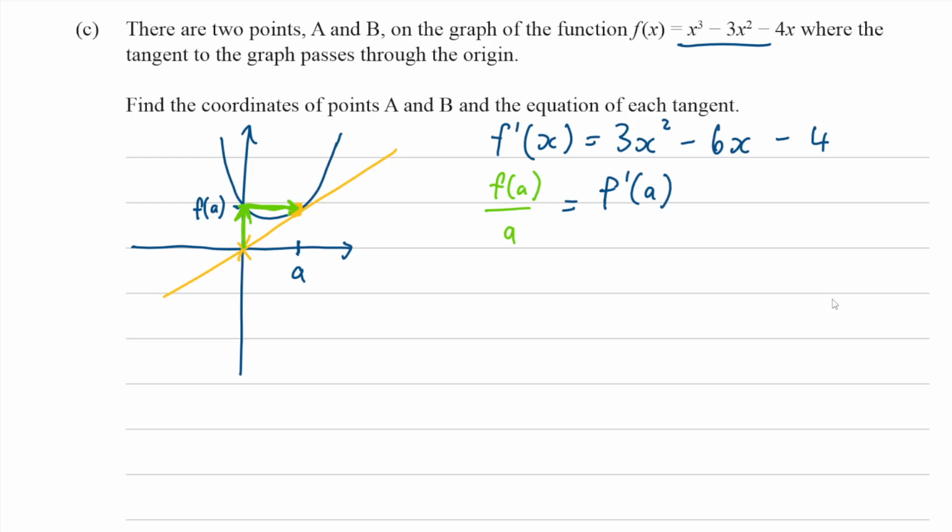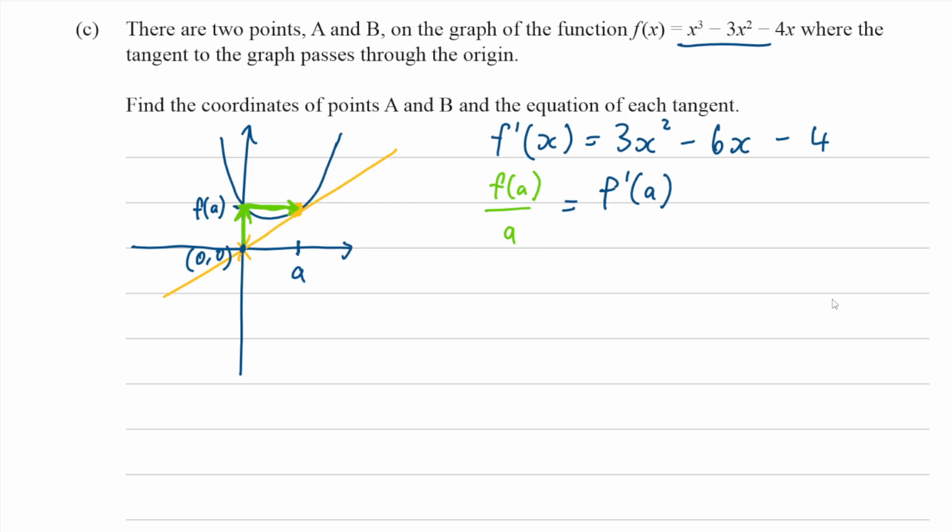So one way is its rise over run, and since it starts at 0, 0, the rise is just up to the point, in this case f of a, right, the y value, divided by the run, which is the x value, in this case a. So that gives us the gradient, f of a over a.